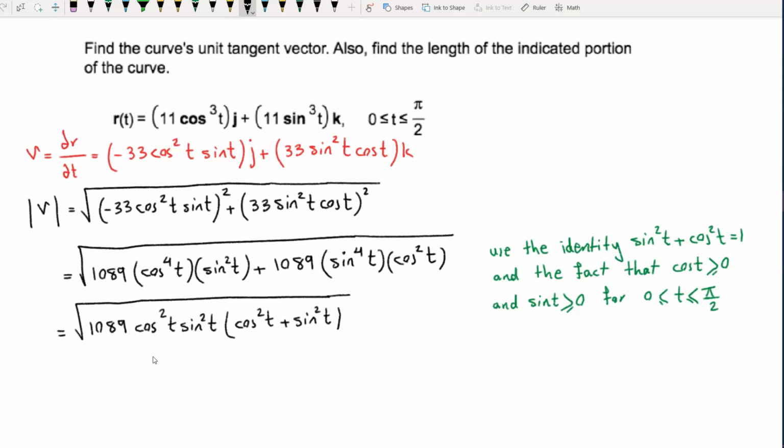So on this part what they did was find the common factor. On this part and on this part, what we have in common was cosine squared t and sine squared t.